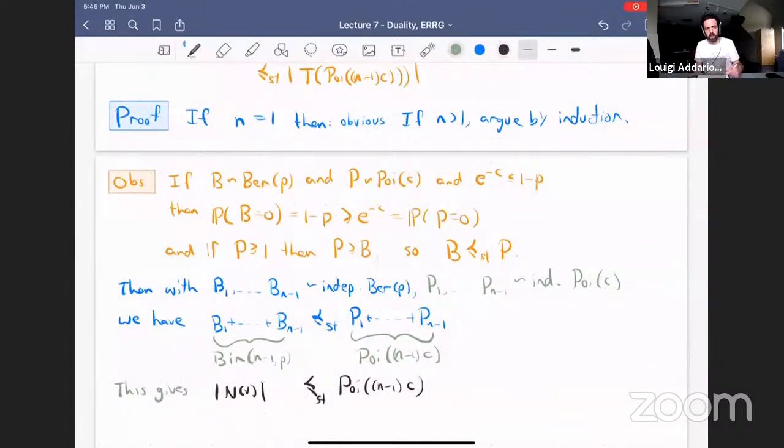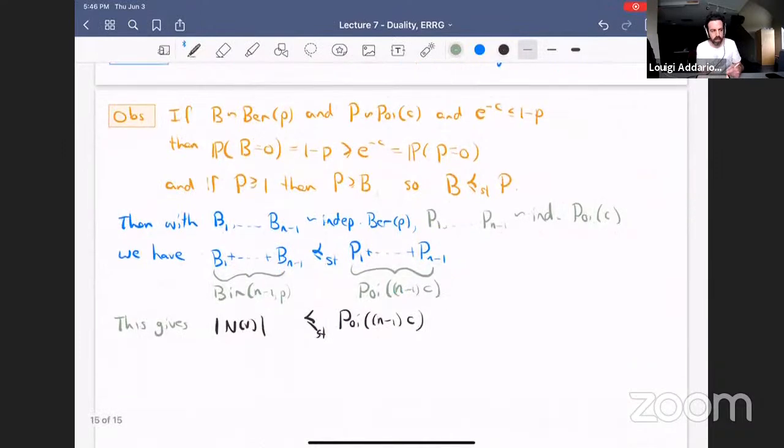Okay, so now that's the key step for the induction. Now we'll write the neighborhood as v1 up to vk.